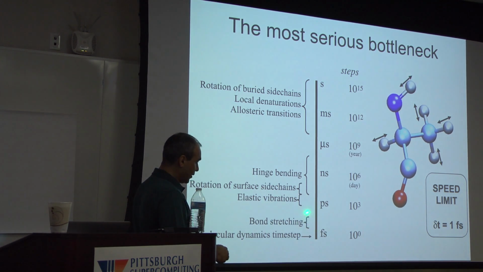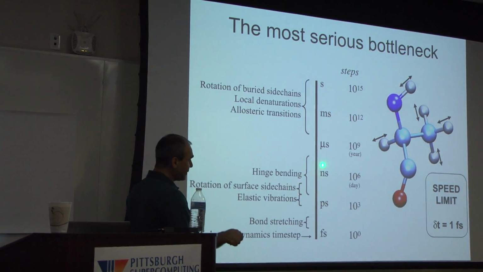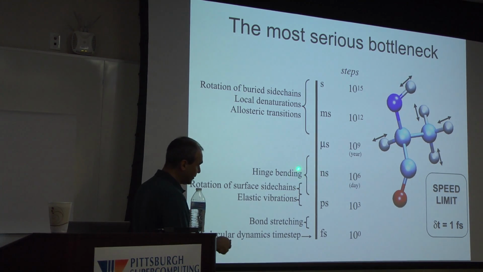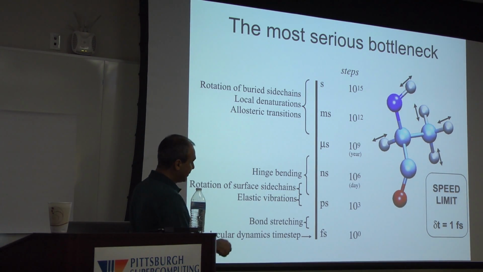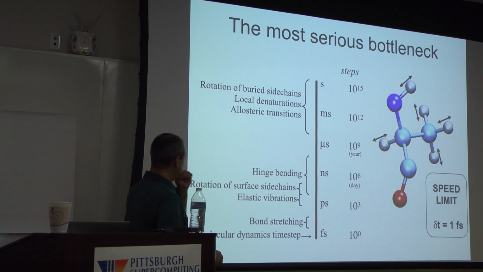So bond stretching is around here, as I pointed out, 10 to 100 femtoseconds. Then in a picosecond regime, you start looking at sidechain rotation on the surface of the protein. Then when you come to the nanosecond kind of time scale, you look at hinge bending, and microsecond.